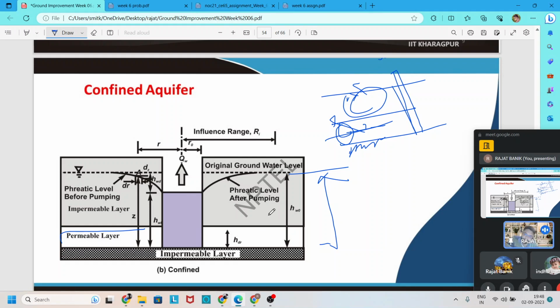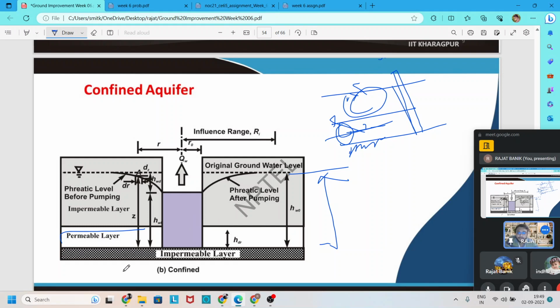We can see that the drawdown curve meets with the water level of the well, which is not the case in the unconfined aquifer. So the same Darcy's law is applied to find out the permeability in case of the aquifer.